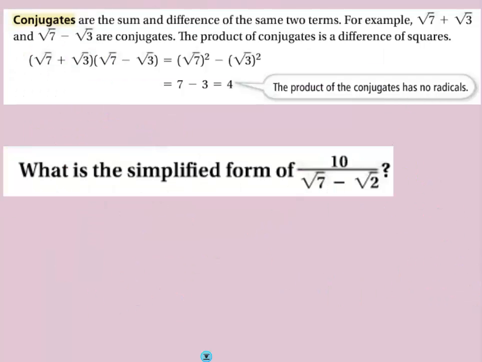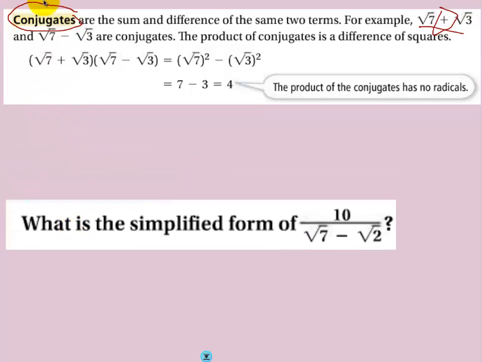So conjugates. This is another topic here. So vocab word. Conjugates are the sum and difference of two terms. So, for example, another way to say this is you're having a binomial here, and it's just the same numbers or same term on each side, but one's going to be positive and one's going to be negative. So, for example, I guess this isn't a good slide for that, but oh well, we'll work with this.